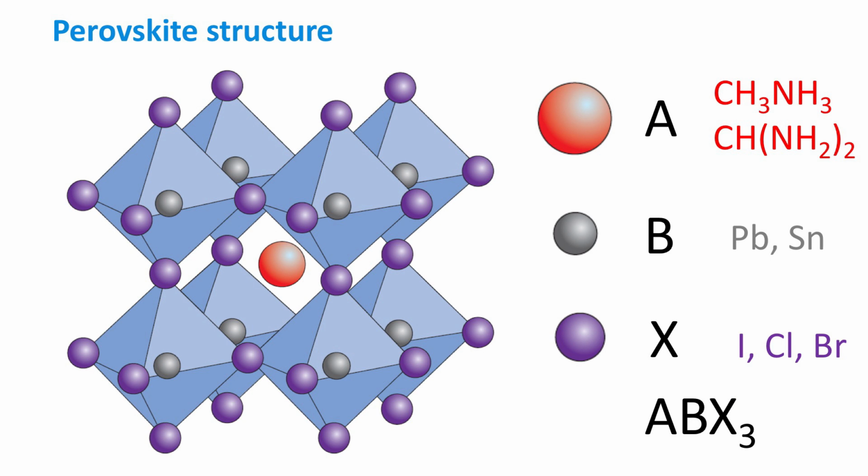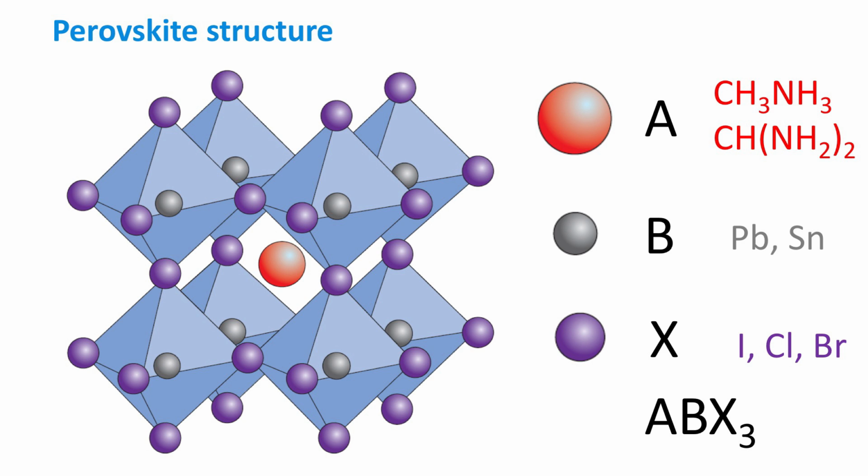For photovoltaics, organic-inorganic perovskites are used, where the large cation A is organic. Often methylammonium, CH3NH3, abbreviated with MA, is used, or formamidinium, CH(NH2)2, abbreviated with FA, is used.